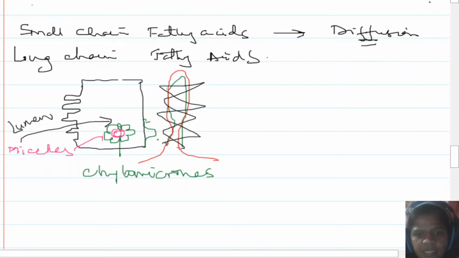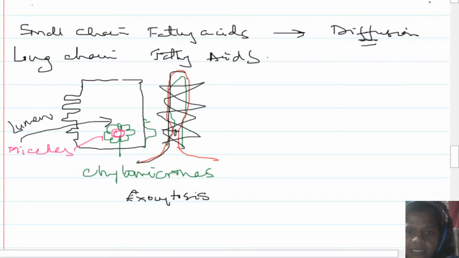Now the pinched off chylomicron goes off by the process known as exocytosis. Endo means inside, exo means out. And these cannot enter into the blood supply like the glucose, fructose, and the amino acids that enter the blood supply directly. These are too big to enter the blood supply, so they are taken into the lacteals. See this?